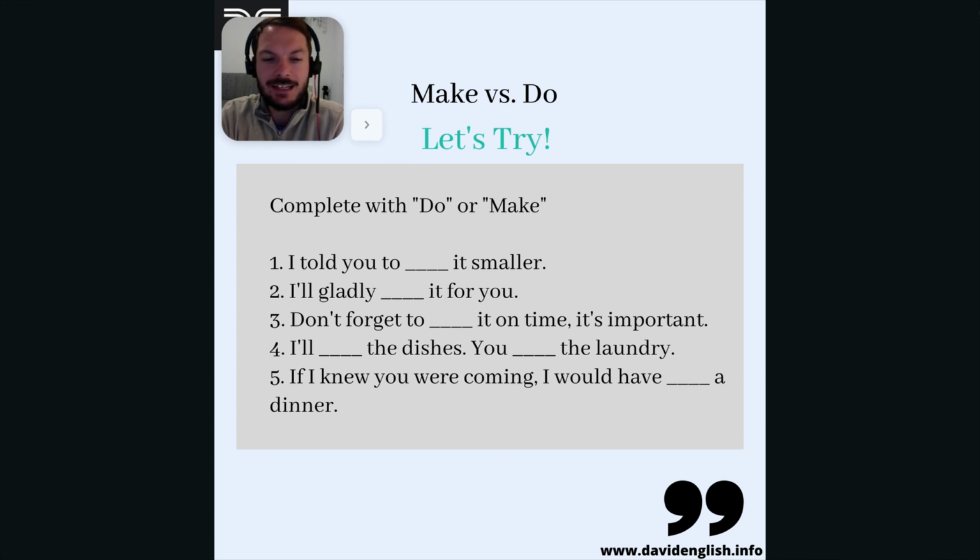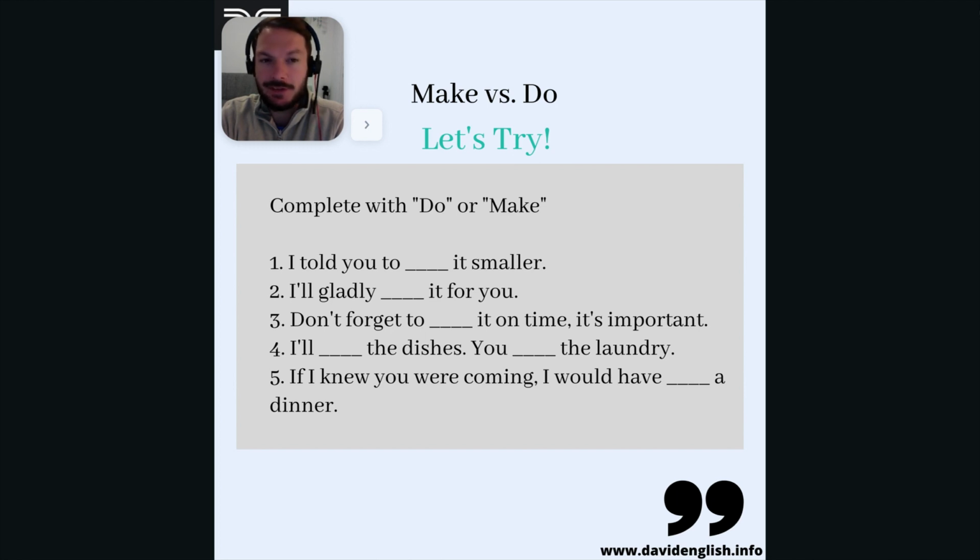I'll gladly do it for you. Number three, don't forget to blank it on time. It's important. Don't forget to make it on time. It's important. Four, I'll blank the dishes, you blank the laundry.